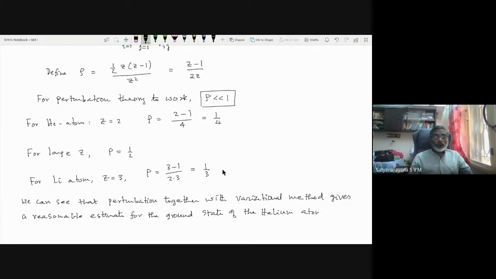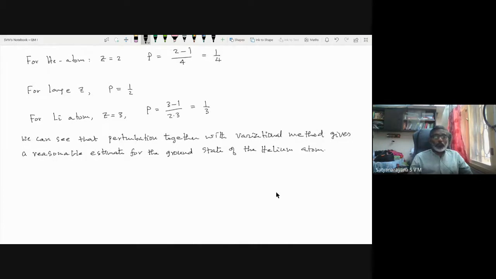This we will do as an exercise for perturbation theory and variational calculus. But for anything other than the helium atom, even for the lithium atom, you can see it is 30%. That means it's not small, so you cannot use perturbation theory.